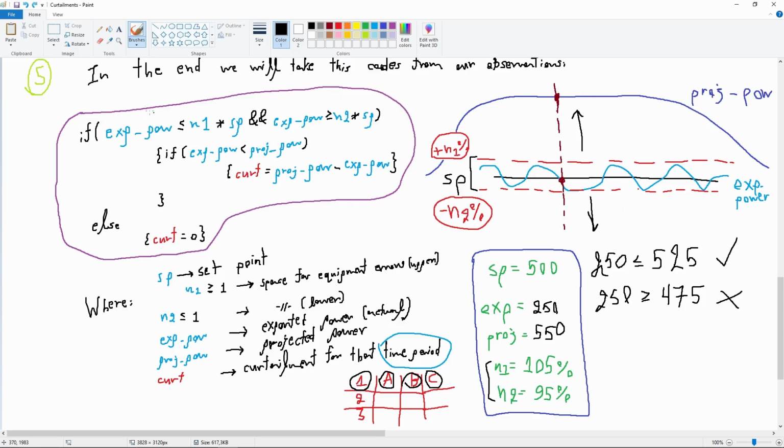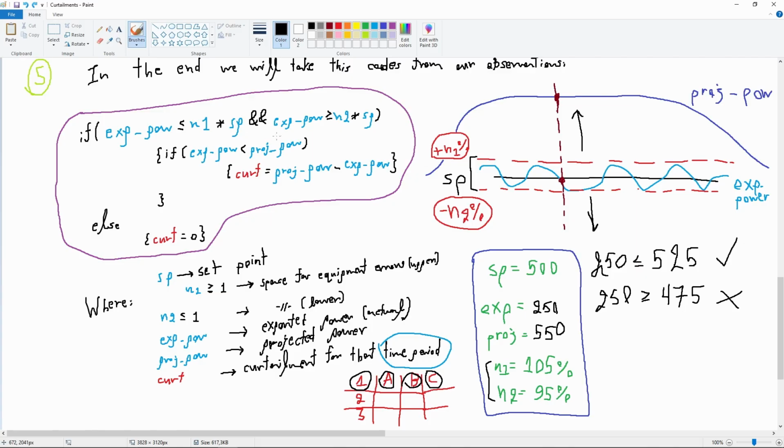So, is my exported power less than or equal to N1 times my set point? So, is 250 less than or equal to 105% times 500, 525?